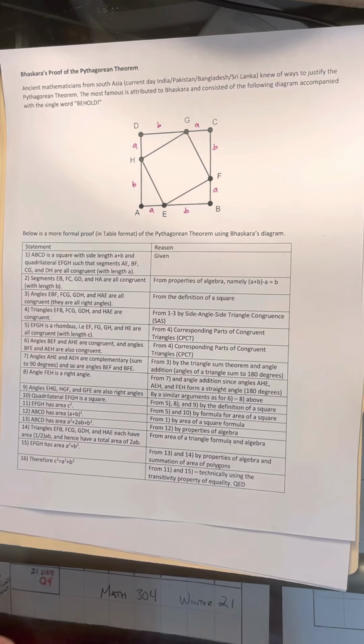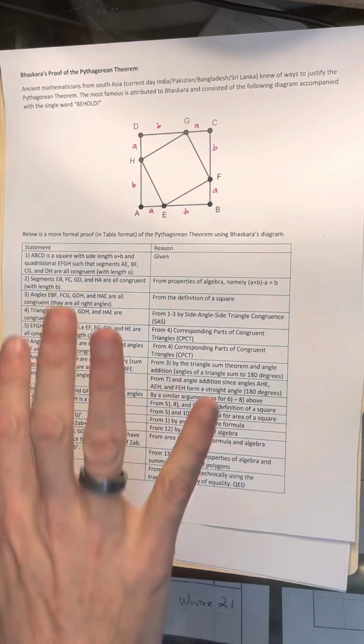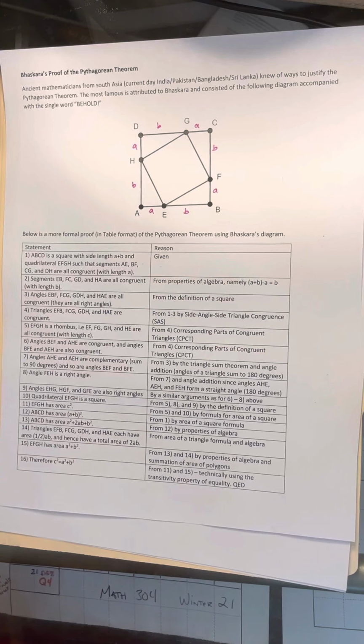Okay. So this is a statement-reason proof. Some people call it a table form of proof. It's very stark, right? The idea is to say, as clearly as possible, this is what I'm doing, and this is why I can do it. And often, at least at the K-12 level, they only want to go one tiny step at a time.